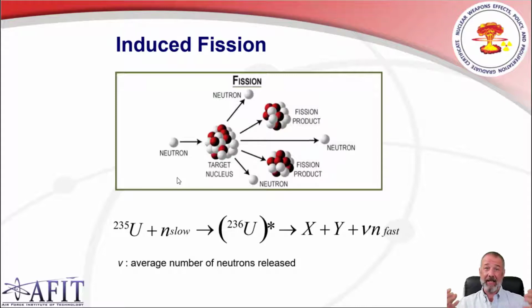So it's going to split, and those two lobes are going to become their own nuclei. We'll call them nuclei X and Y. And then we're going to get some number of neutrons that are ejected as part of this process. So nu is the shorthand notation in the nuclear world for the number of neutrons that are emitted on average per fission.